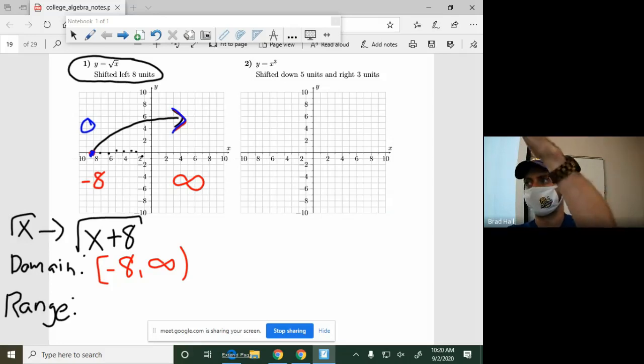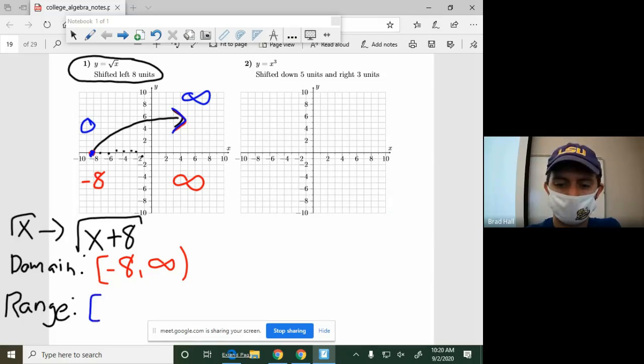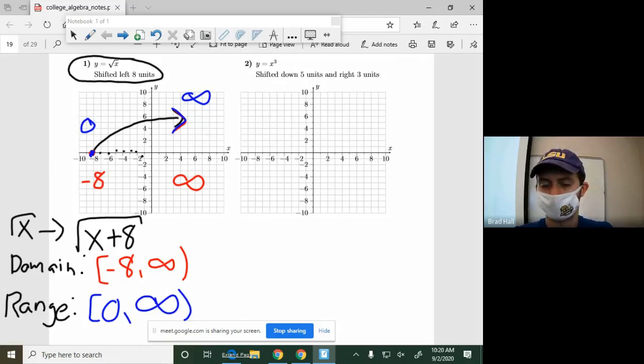It does go up, albeit it looks like it levels out, but it does go up forever. That would be infinity as well. So we include 0, because 0 is part of the graph, and then it does go up forever. There is no horizontal asymptote or horizontal barrier of any kind. So that would answer part 1, or problem 1 here.